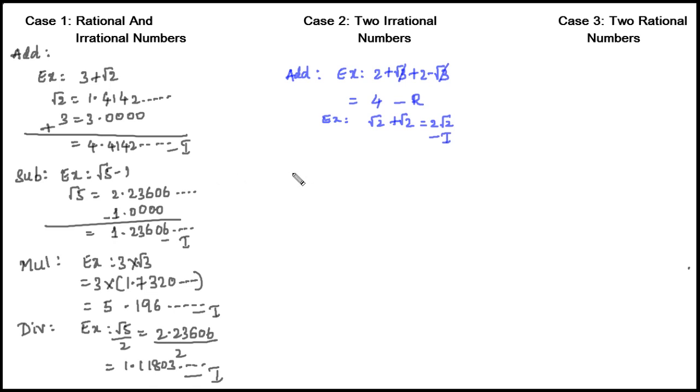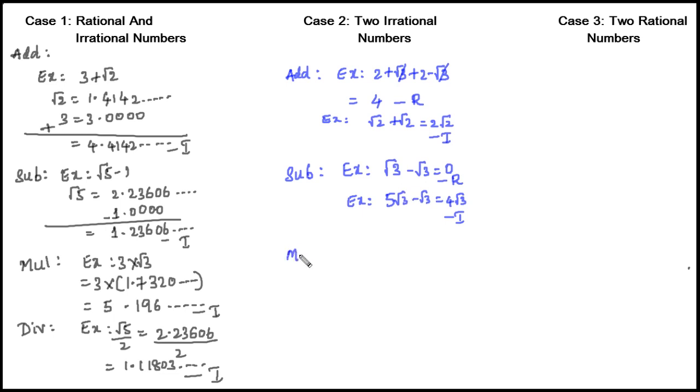Let's do subtraction. For this, I am considering one example. If you perform subtraction between root 3 minus root 3, it results in 0, which is a rational number. Let's look into one more example where it is 5 root 3 minus root 3, which is going to be 4 root 3, which is an irrational number. So the result need not be an irrational number when you perform subtraction operation between two irrational numbers.